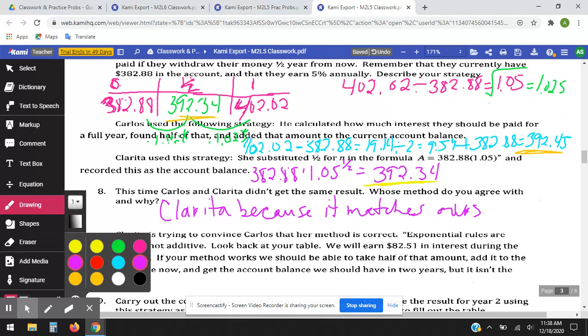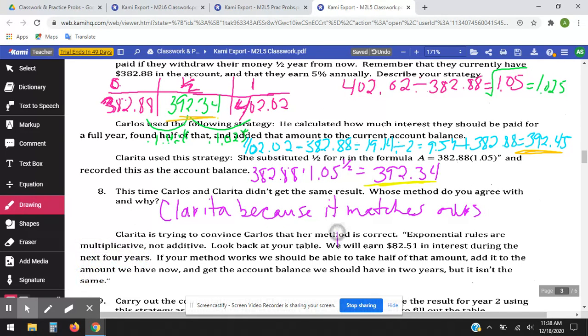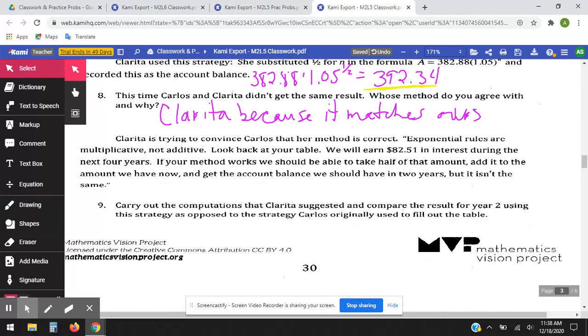Well, let's try to convince Carlos that his was not correct. Clarita's trying to convince Carlos that her method is correct. Exponential rules are multiplicative, not additive. Look back at your table. When we learned we will earn 82.51 in interest during the next 4 years.